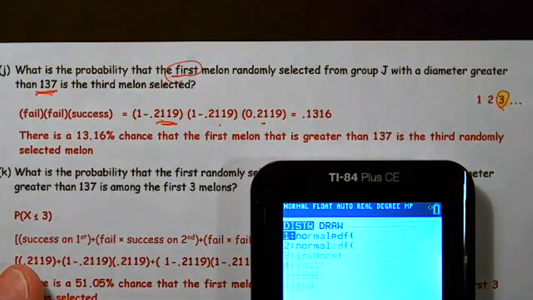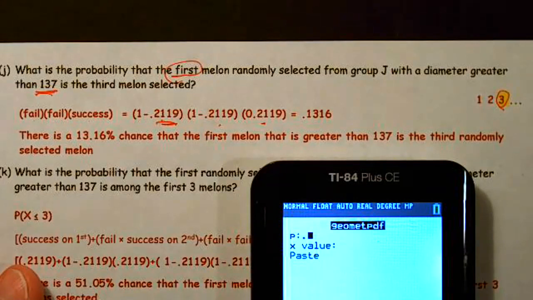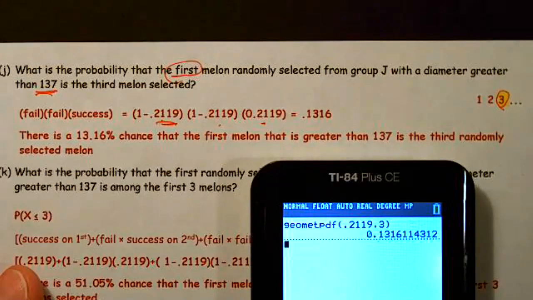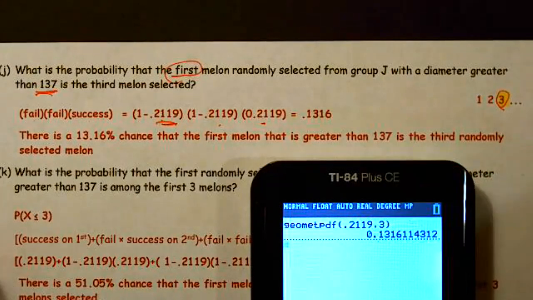So second vars, geometric PDF, 0.2119, x value of 3. So there's about a 13% chance that the first melon that is greater than 137 is the third melon selected.